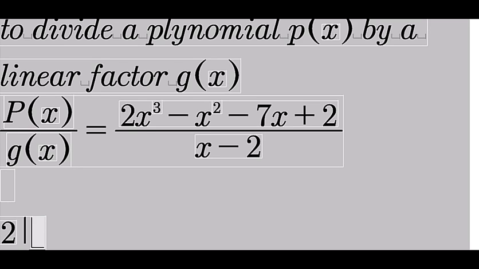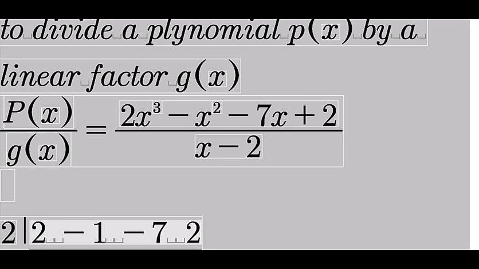But here the terms are complete: x to the third power, x to the second power, x, then the constant. So let us write out their coefficients. You write 2, minus 1, minus 7, then 2.